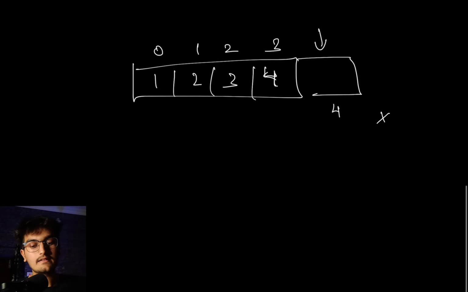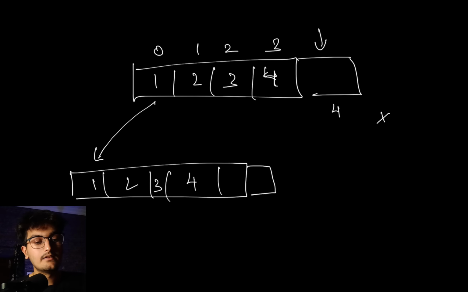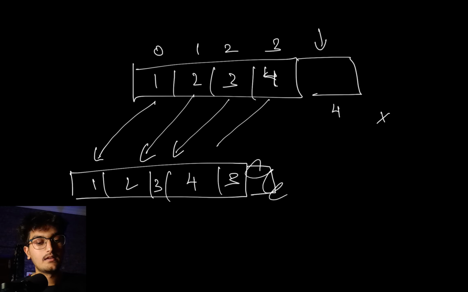What we will do basically is create a new array with size 5, then copy the values 1, 2, 3, 4 here, and insert 5 at the last, which was the question, right? We will copy the values here and insert the new value at the end of this array.